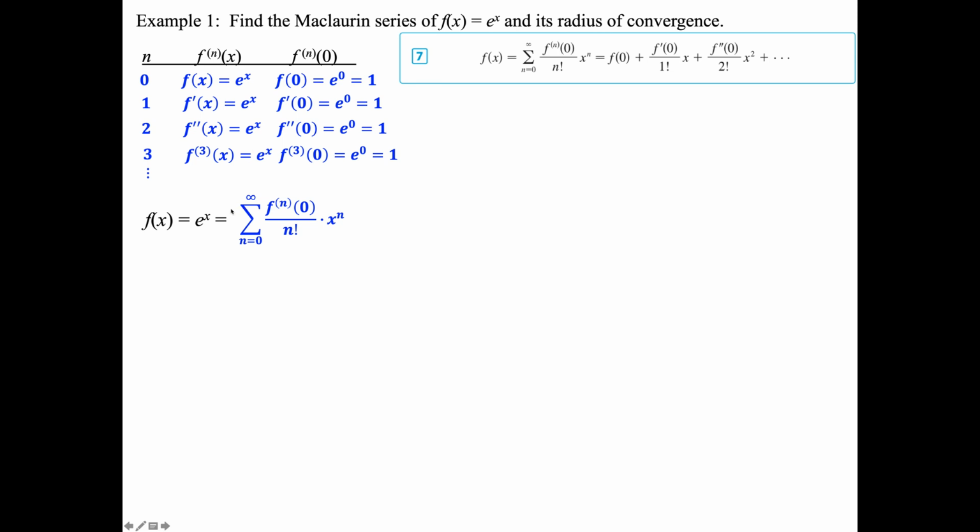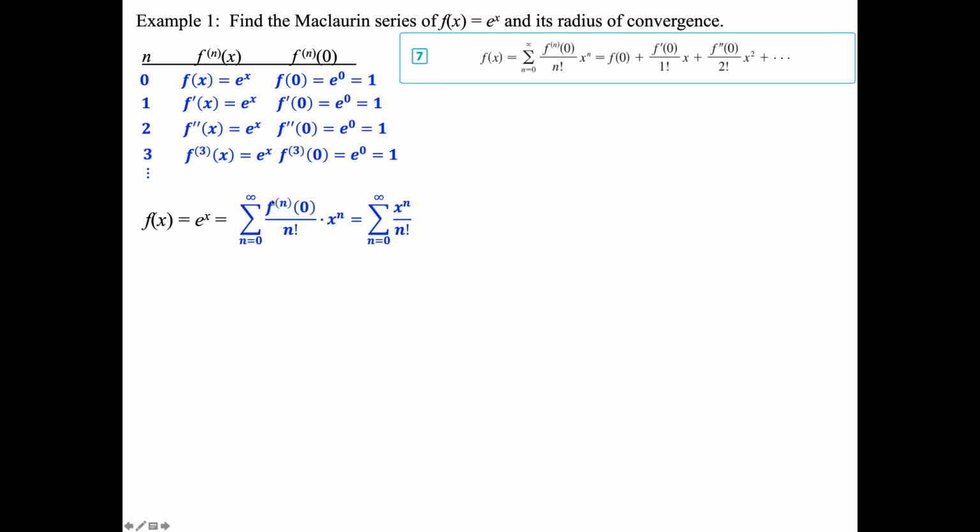So we're going to write this out in this format right here. We're going to list out some of these terms to find the pattern. So the summation will become x to the n over n factorial. Well, f to the n of 0, whether it's f prime, f double prime, or f triple prime, it's always going to end up as a 1.